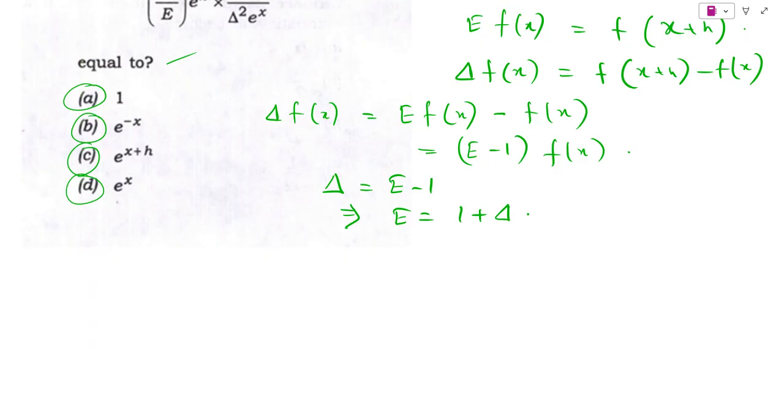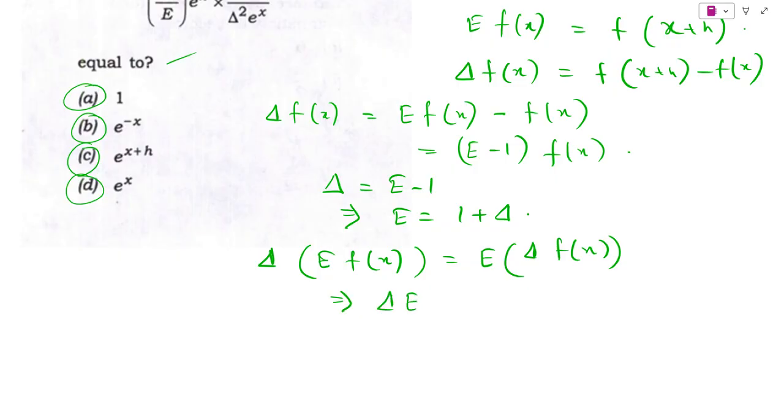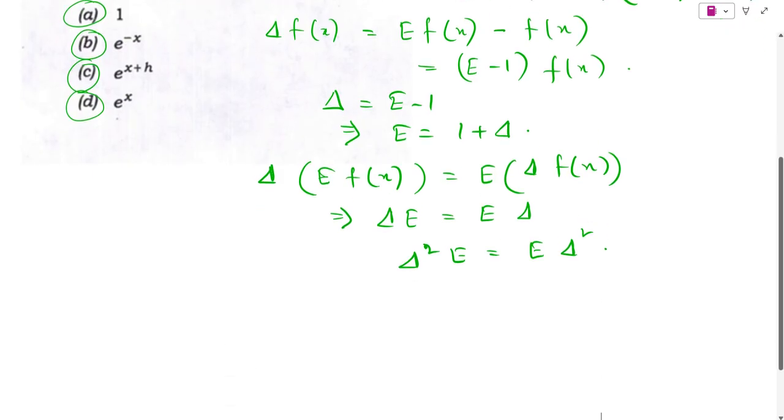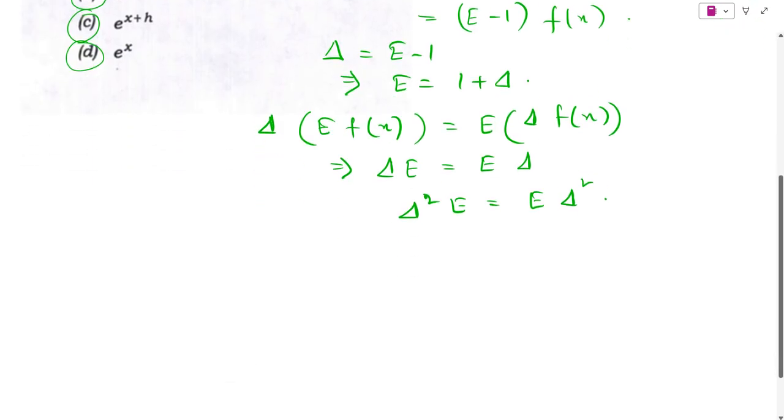So, for any real constants C1 and C2, delta E f of x is E delta f of x, that is delta E is equal to E delta, or delta square E is E delta square, because they commute and distribute normally.